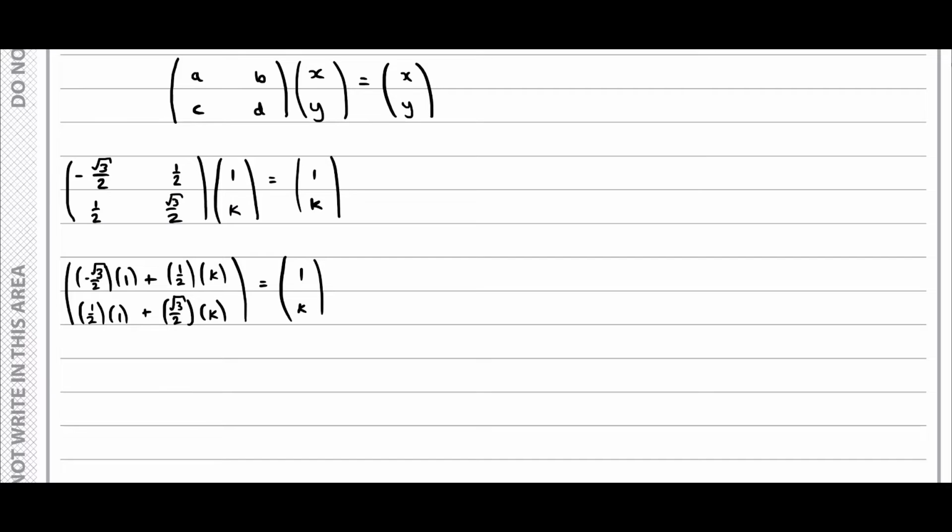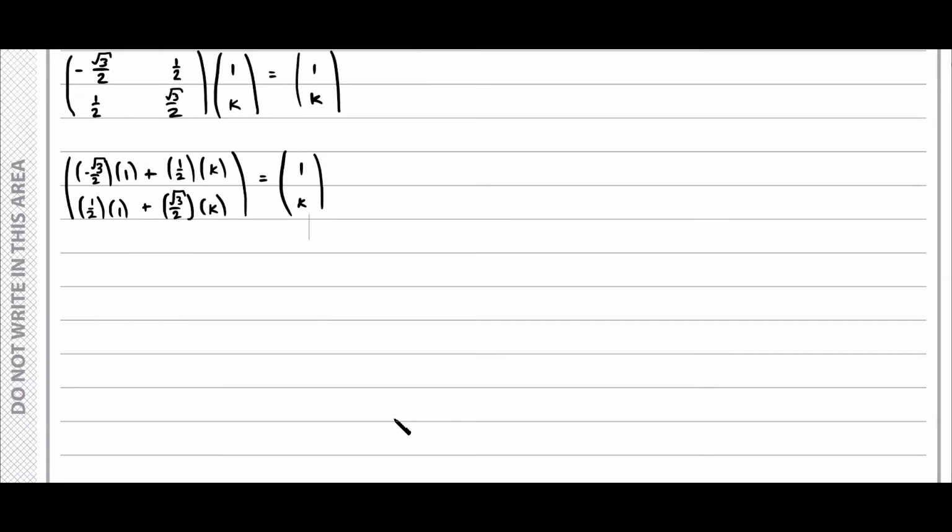So on the top, we have minus root 3 over 2 plus a half k. On the bottom we have a half plus root 3 over 2 k, and this is equal to k.